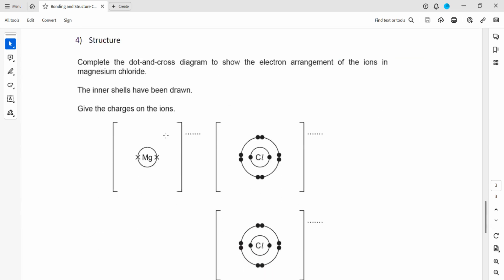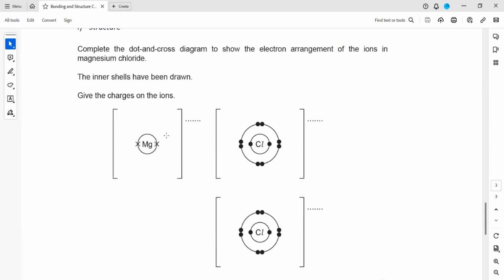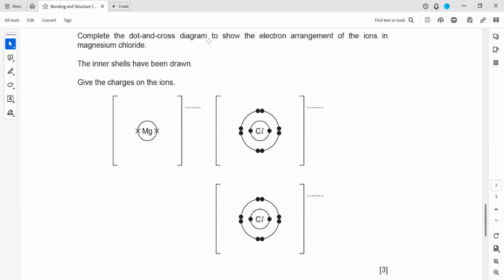Then in question 4, you have to complete a dot and cross diagram to show the electron arrangement in the ions of magnesium chloride. So first you have to draw the structure for magnesium. Magnesium configuration is 2,8,2.